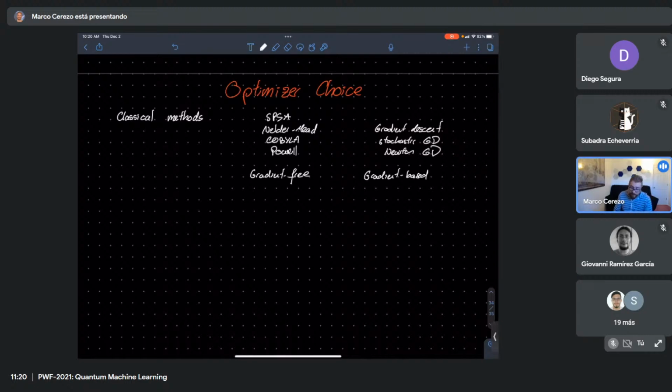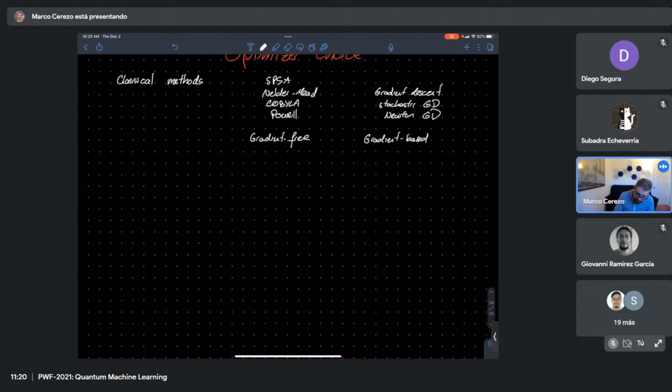So what are gradient-free methods? Just very briefly, imagine that we have some given landscape that we're trying to optimize over. Gradient-free methods don't have access to the gradient, because maybe we cannot compute it, right? So we cannot just compute what's the direction that takes us down the farthest.